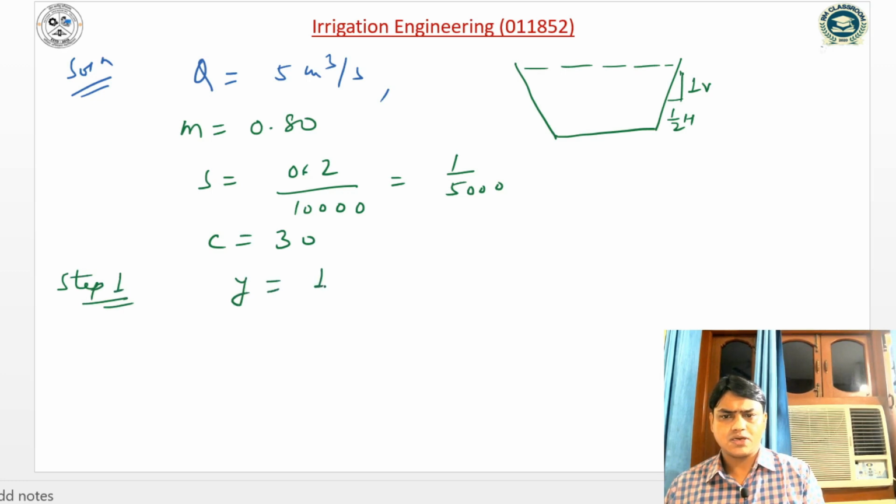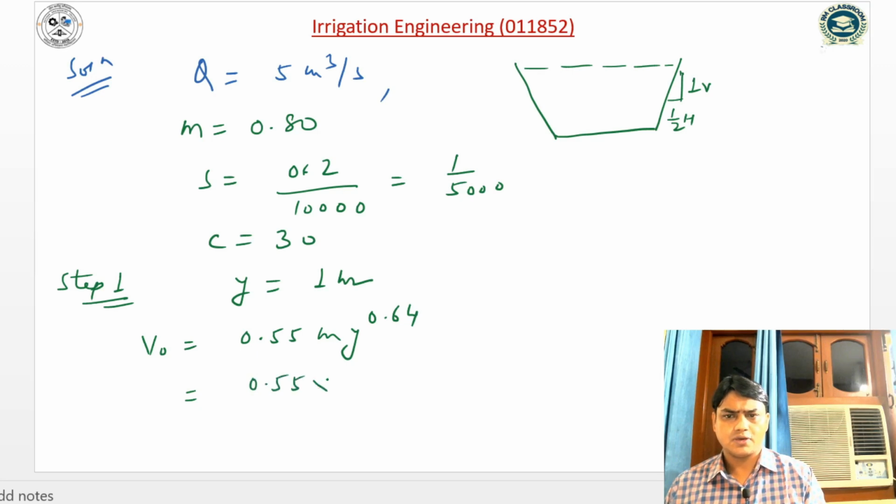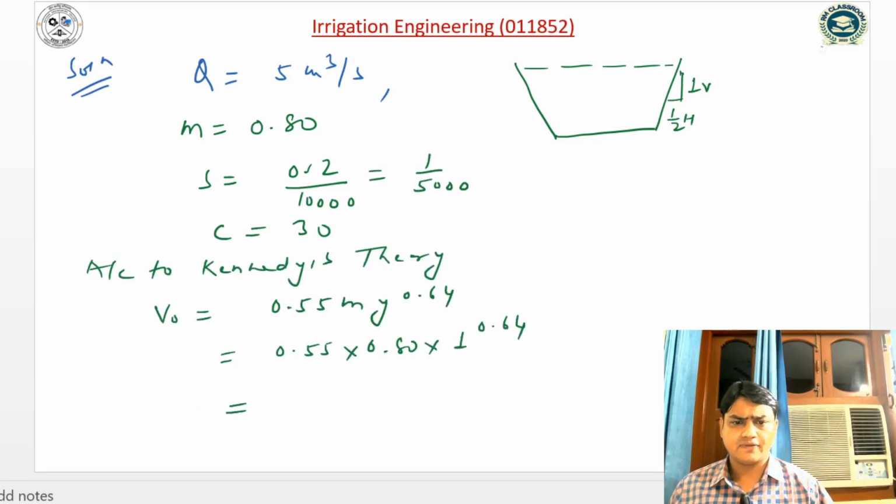So step first, trial depth is 1 meter. So critical velocity V naught is 0.55 m y to the power 0.64. So 0.55 into 0.8 into 1 to the power 0.64, so it will be 0.44 meter per second.